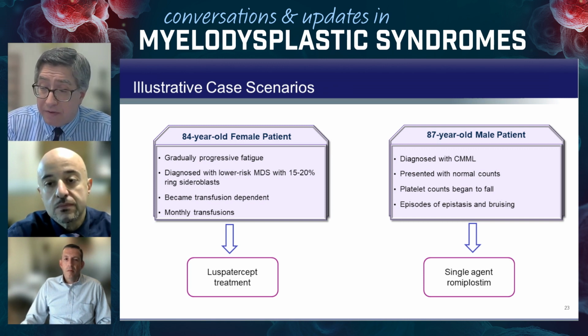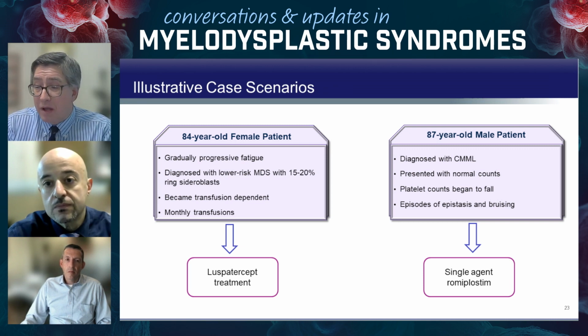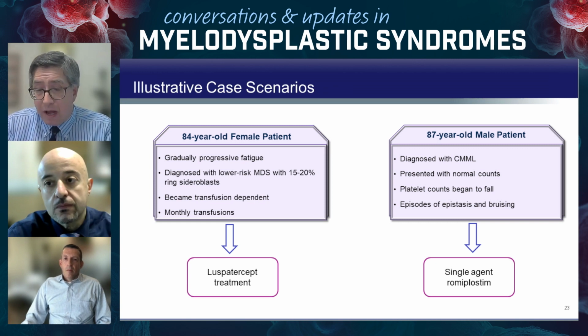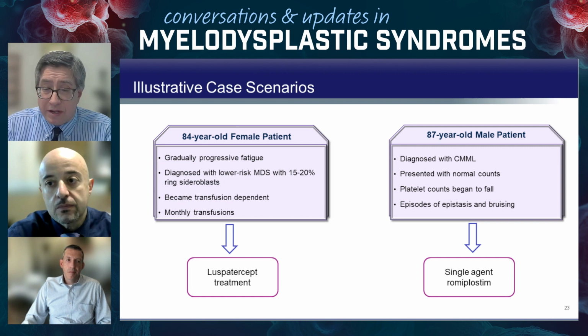And another illustrative case is a patient I saw a couple of weeks ago, an 87-year-old retired physician with chronic myelomonocytic leukemia, who had normal counts, but the platelet count started to gradually fall. And when I saw him, he had a normal white count of 6 with 20% monos, a hematocrit within the normal range, but his platelet count had dipped down to 15, and he was suffering from some episodes of epistaxis and bruising.